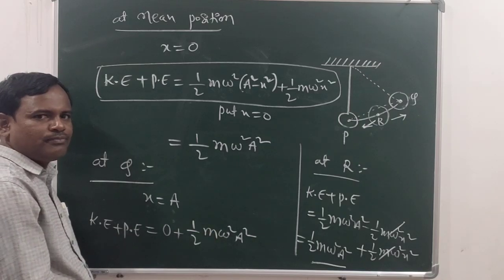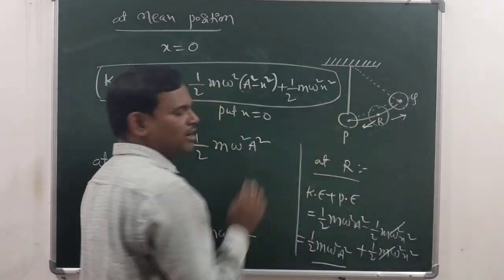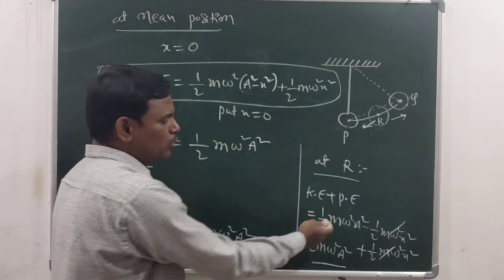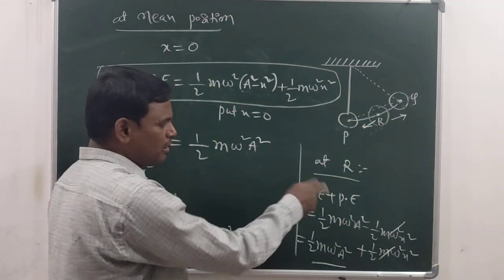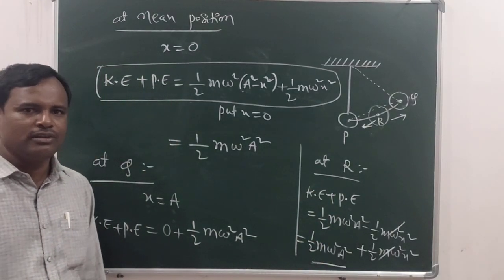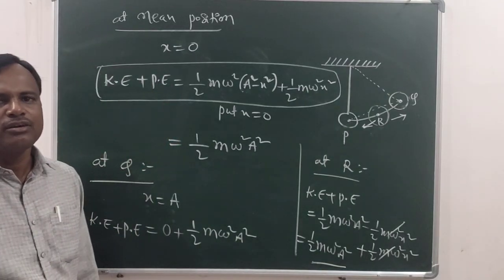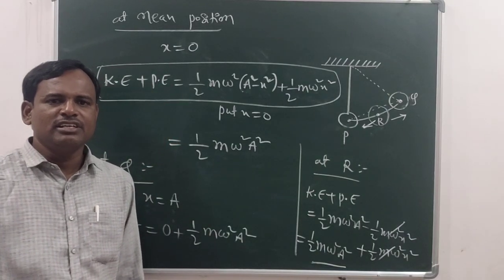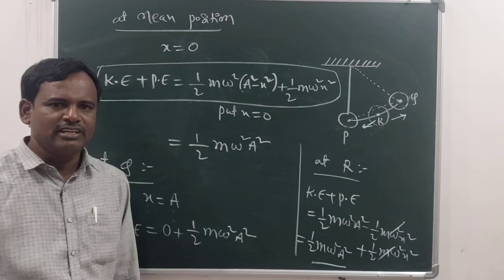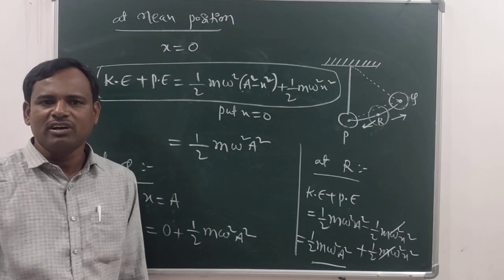Both are equal. And in between, I took R, where we found both, and after simplification we got 1 by 2 m omega square a square only. So these three results are the same. Hence, I can conclude that the energy remains constant in the path followed by a simple harmonic oscillator.